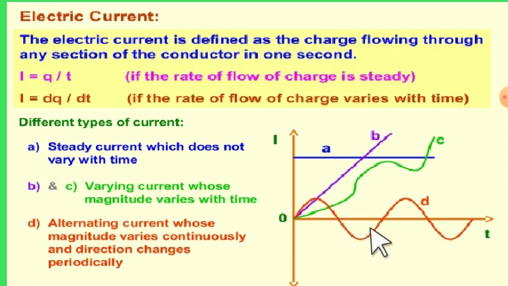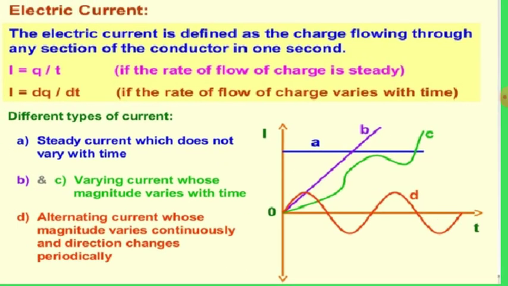So if it changes its magnitude continuously and changes its direction periodically, that type of varying current we call alternating current.